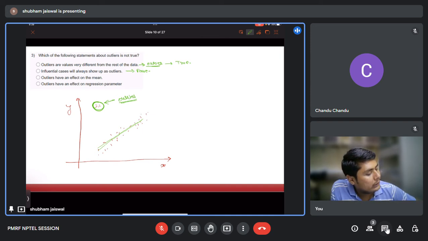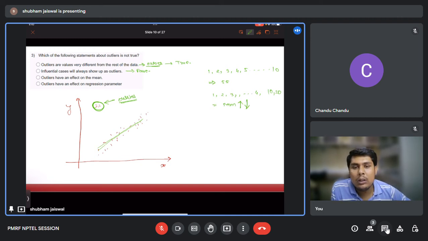Outliers have an effect on the mean. Yeah, it's true. Let's consider data 1, 2, 3, 4, 5 up to 10. If I take the mean, it comes out to be 5.5. But if any outlier value is there, like 20 instead of 10, it will have a different mean. So the mean is going to increase or decrease depending on the value of the outlier.